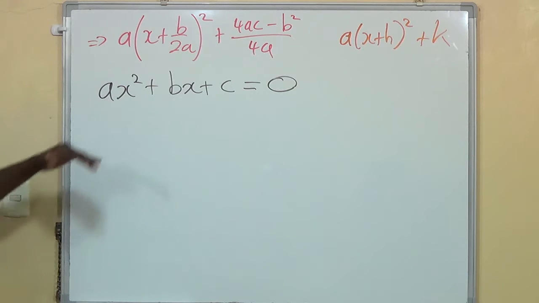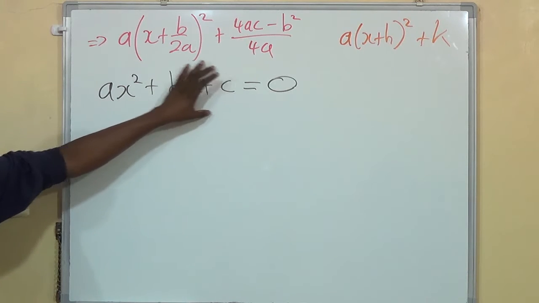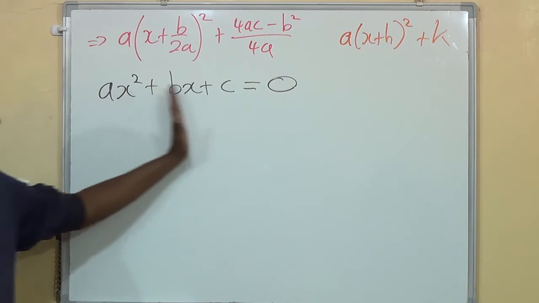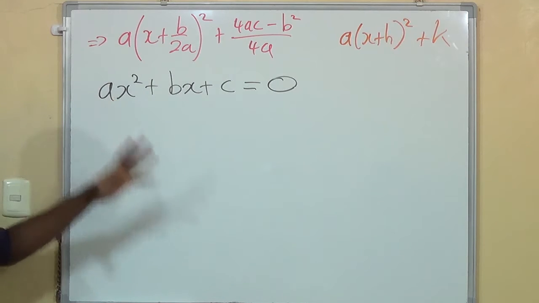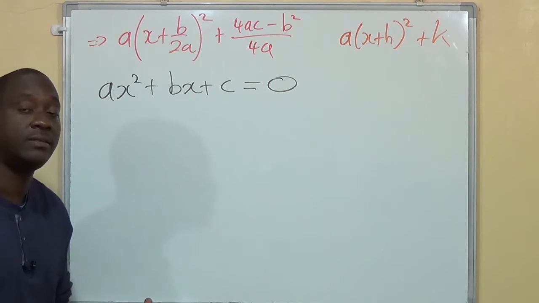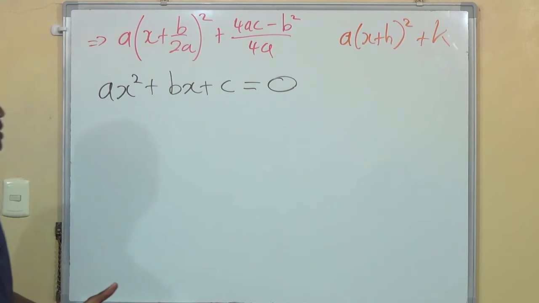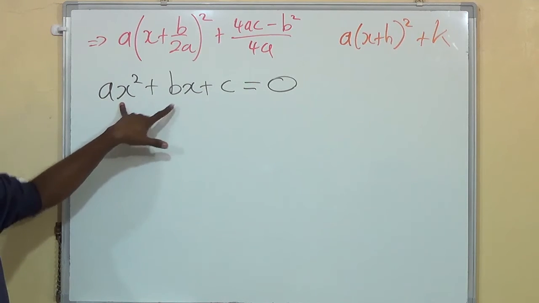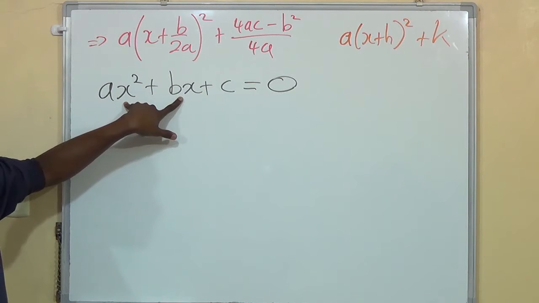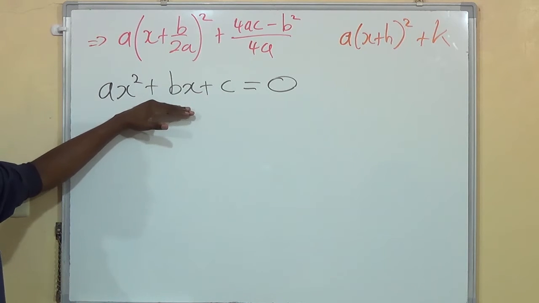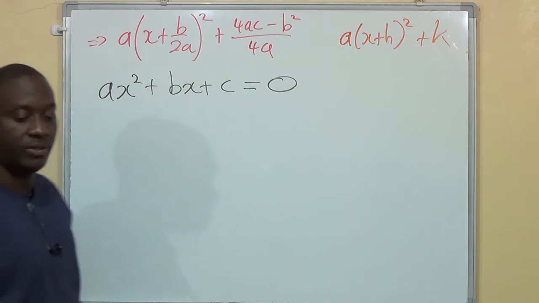So the method we employ is the method of completing the square. We complete the square on this to transform it into something else that we could use to actually find the value of x. Because if you notice, you have an x squared here and you have an x here. If you try to factorize this, which is what a lot of people would try to do, you wouldn't really get too far.